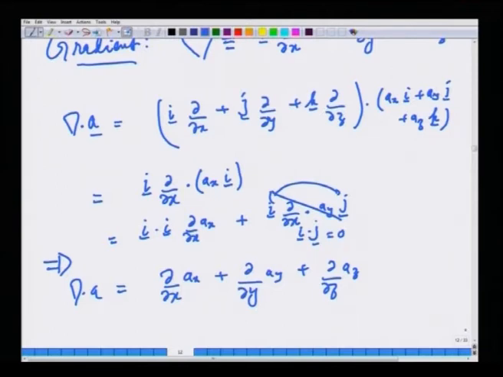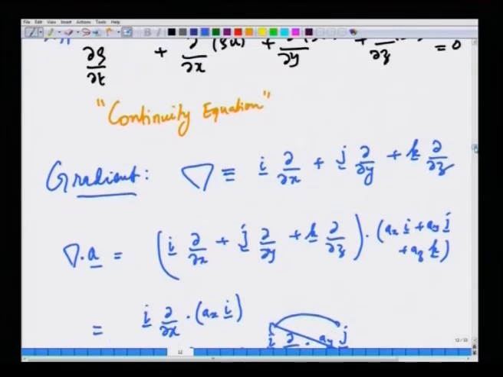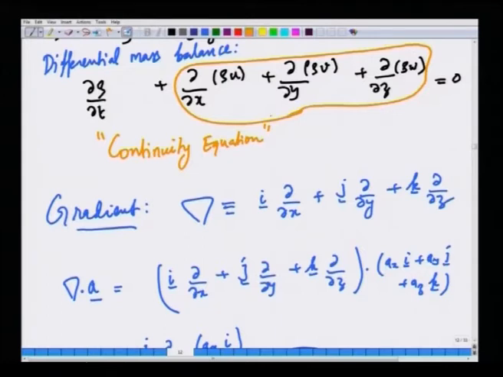So, the only thing that will survive is this. So, del dot any vector A is dAx dx plus dAy dy plus dAz dz, the addition of the 3. Now, if you look at this expression here, it appears like the divergence, this is called the divergence of a vector, any vector.